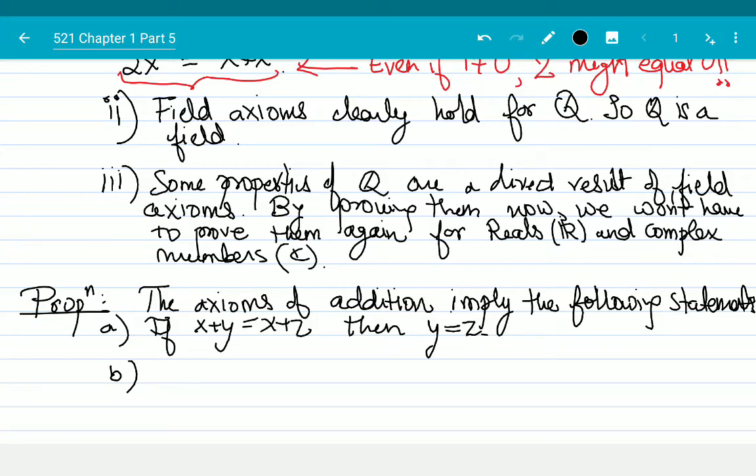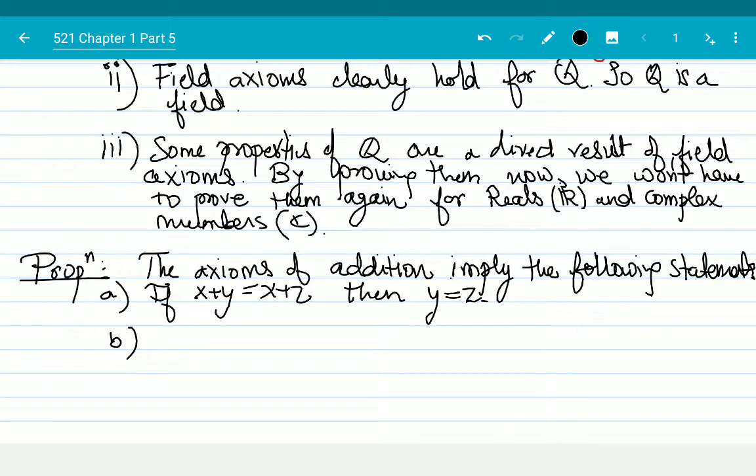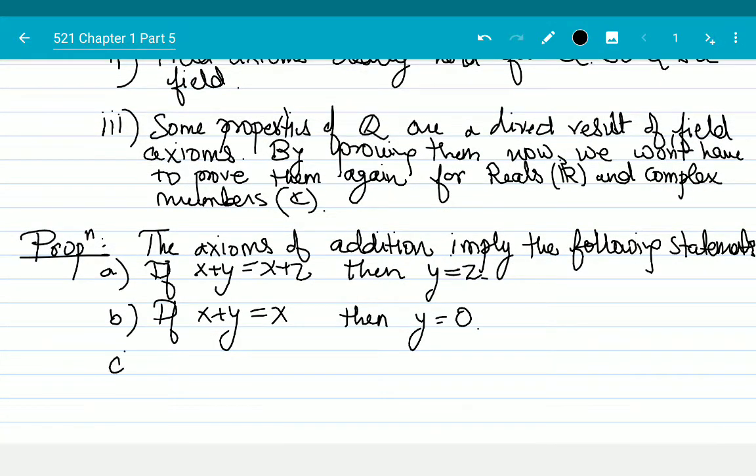B, if x plus y is equal to x, then y is equal to 0. C, if x plus y is equal to 0, then y is equal to minus x.